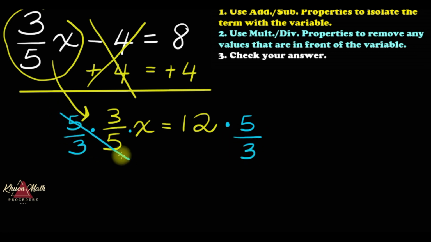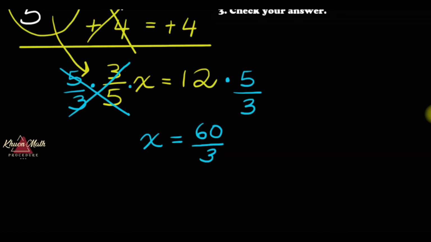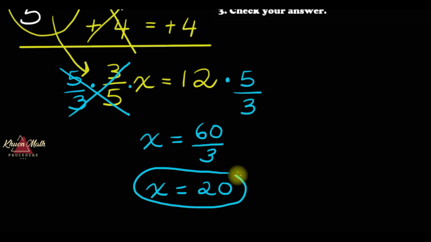Alright, so here you have 15 over 15, so that turns into a 1. So you're left with 1x, or x by itself. And here you got 12 times 5 is 60. 60 divided by 3. So 3 goes into 60 is going to be 20. So x is 20. Okay, so that's step 2.